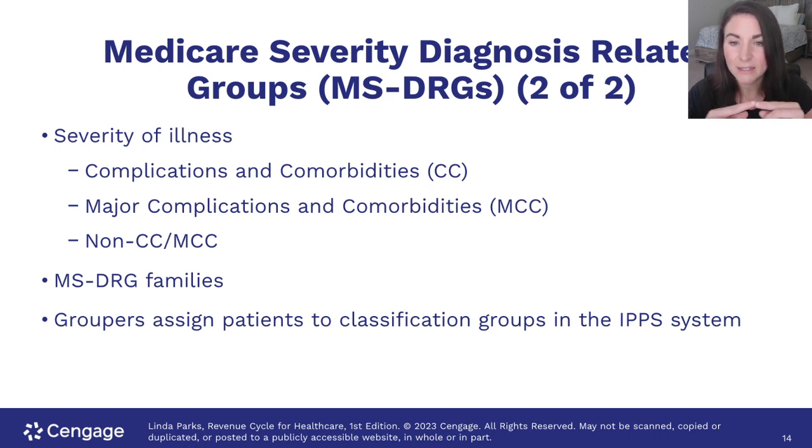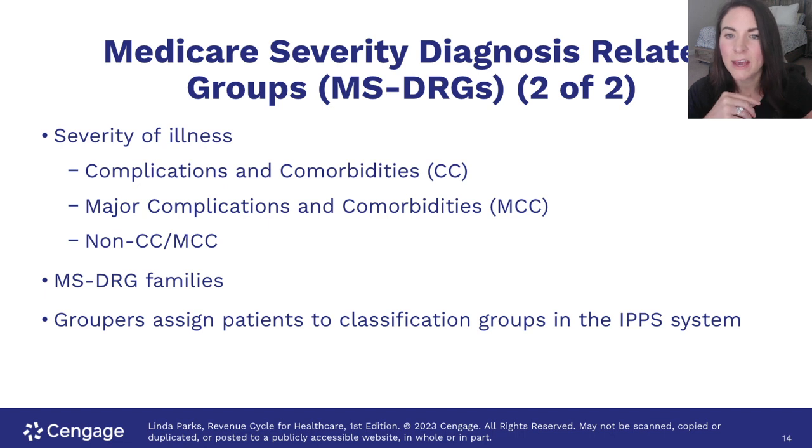CCs are secondary conditions, not the principal diagnosis, that have a moderate impact on resource use. Because of the presence of this condition with the principal diagnosis, there is a 1-day increase in length of stay in at least 75% of patients with that same principal diagnosis. So without that CC, they would not have that extra day.